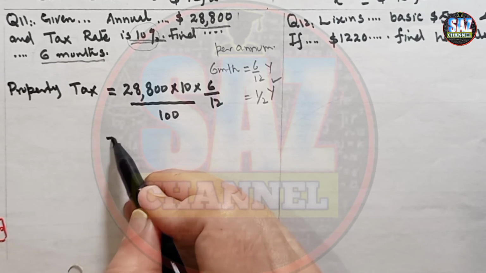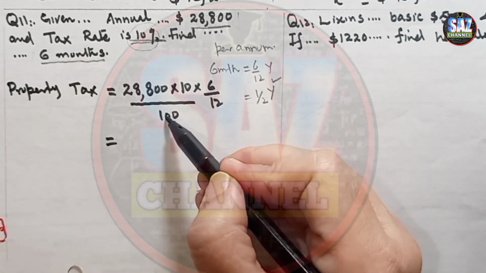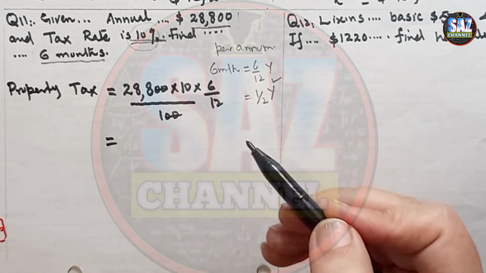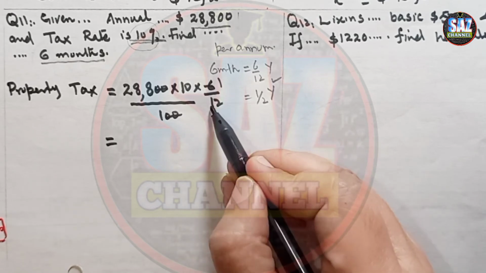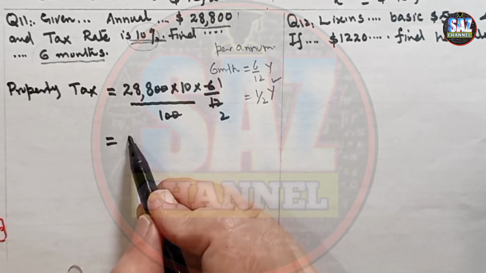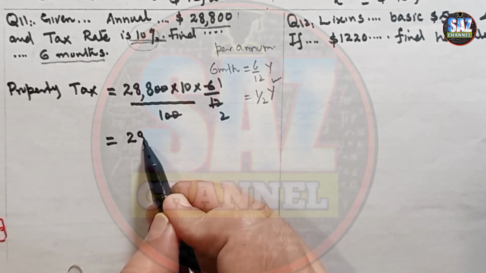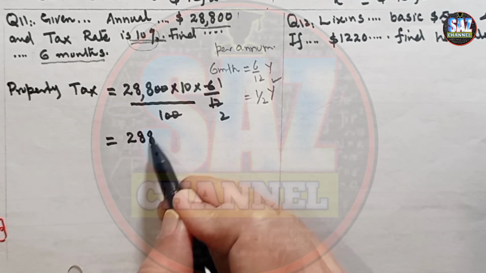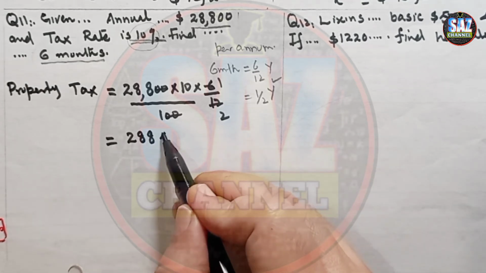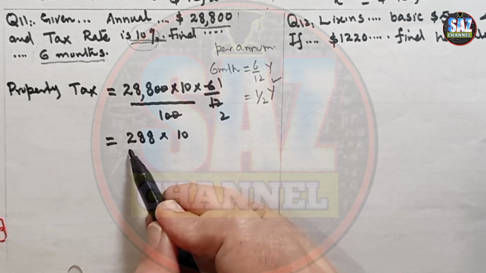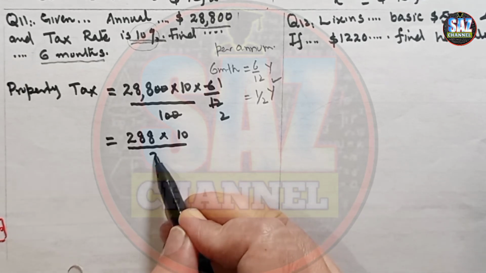So these two zeros can go with these two zeros. 6 ones are 6 and 6 twos are 12, and I'm left with 288 multiplied by 10 upon 2.